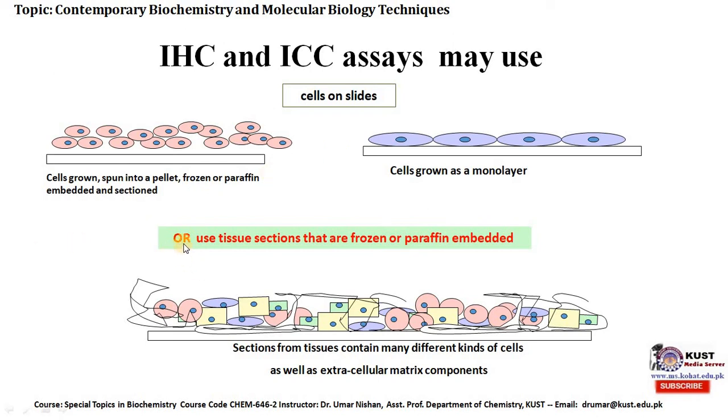In other cases, in cases of tissue, we use tissue sections that are either frozen or paraffin embedded. Now, you know that sections from tissues contain many different kinds of cells as well as extracellular matrix.